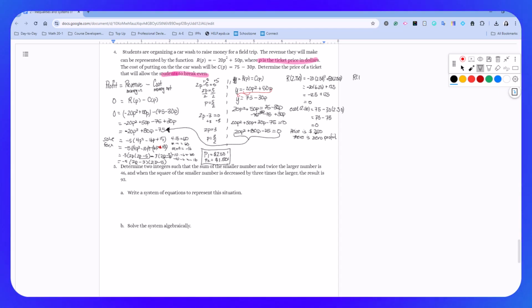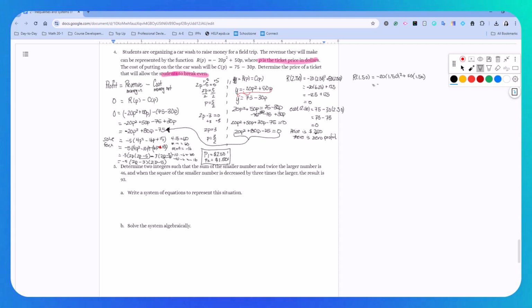So let's find the R of 150. So we put that in, and what do we get?